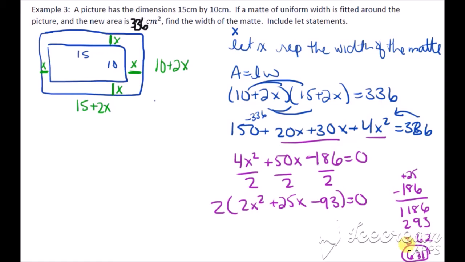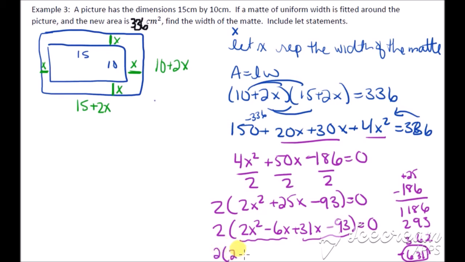Okay, and then the negative is going to go on the 6 since we have positive 25 that it has to add to. So we get 2x² − 6x + 31x − 93 = 0. Let's factor out a 2x, we have (x − 3), and then let's factor out a positive 31.